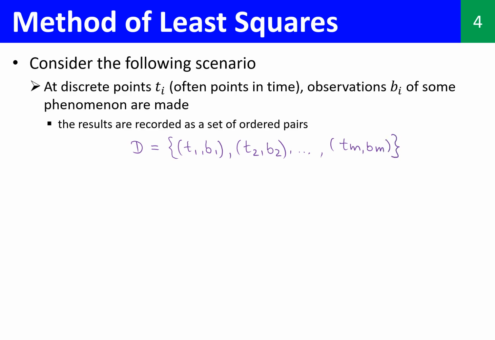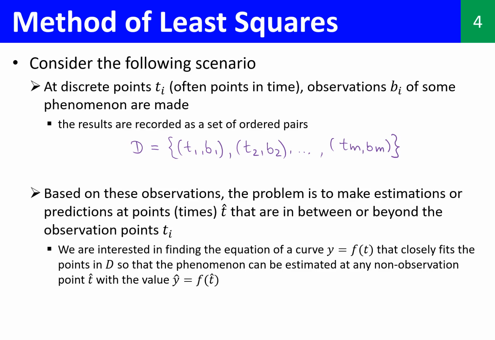So we are interested in finding the equation of a curve y equals f(t) that closely fits these points in D. Once we do that, we are in a position to make estimations or predictions at points that are in between or beyond these observation points we have, right?